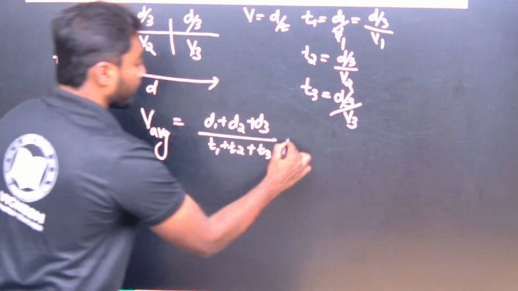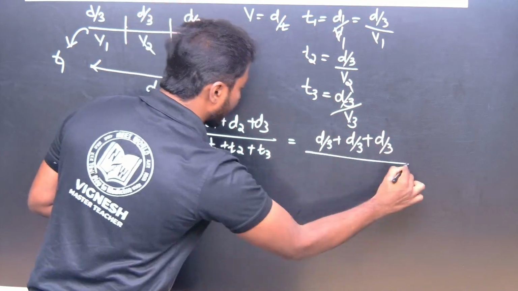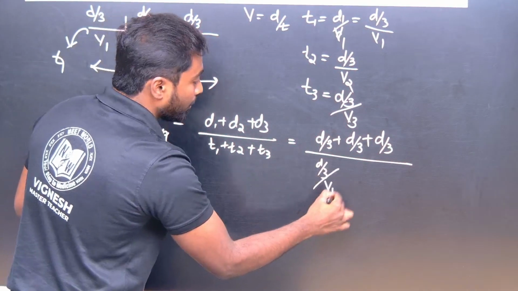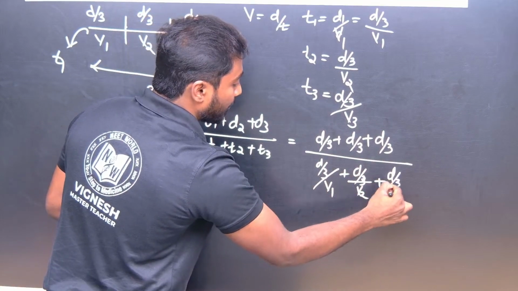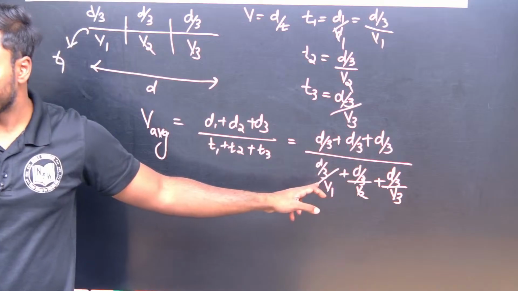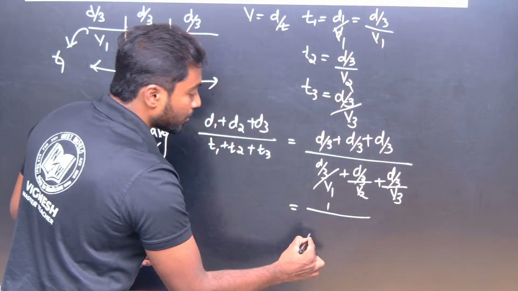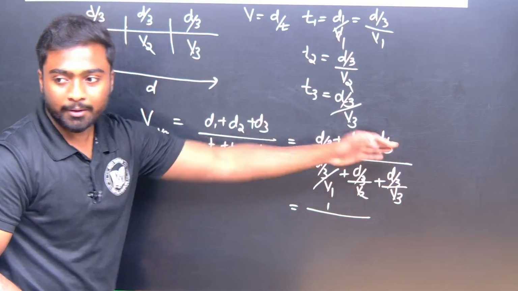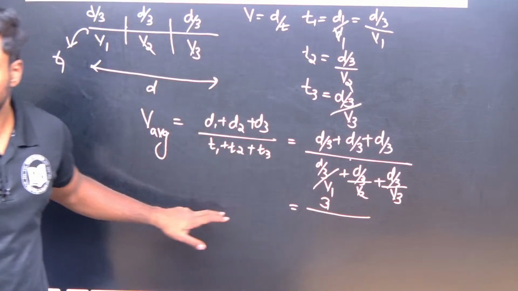I will write d by 3 plus d by 3 plus d by 3 by t1, which is d by 3 by v1 plus d by 3 by v2 plus d by 3 by v3, right? So d by 3 common I can take from numerator and denominator. If I take d by 3 commonly outside, 1 plus 1 plus 1, 3, right?